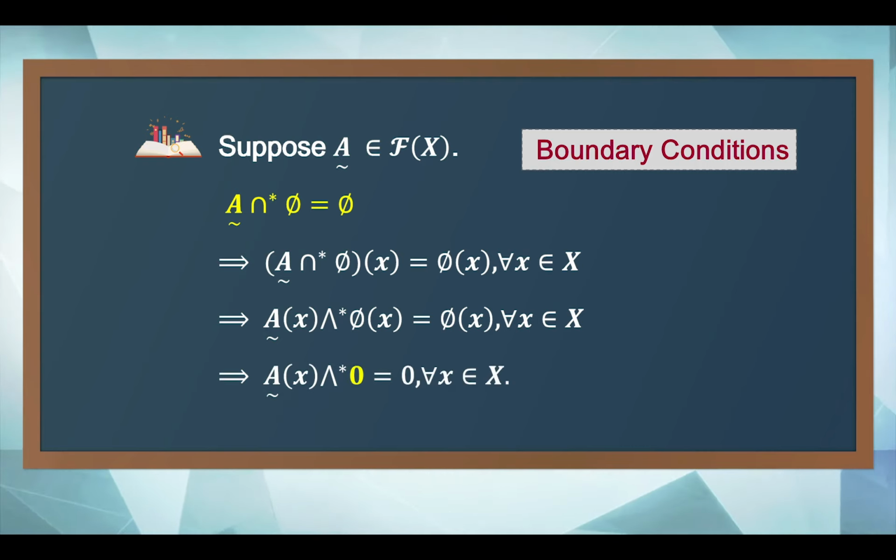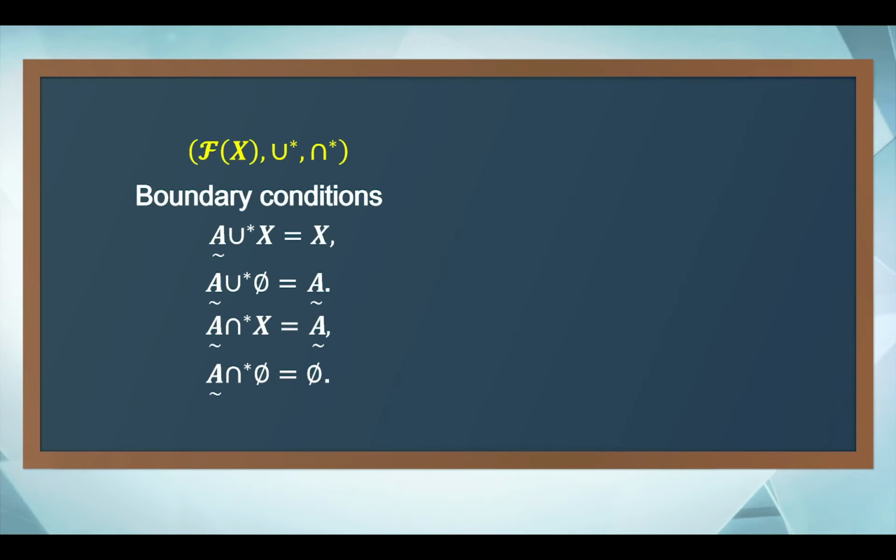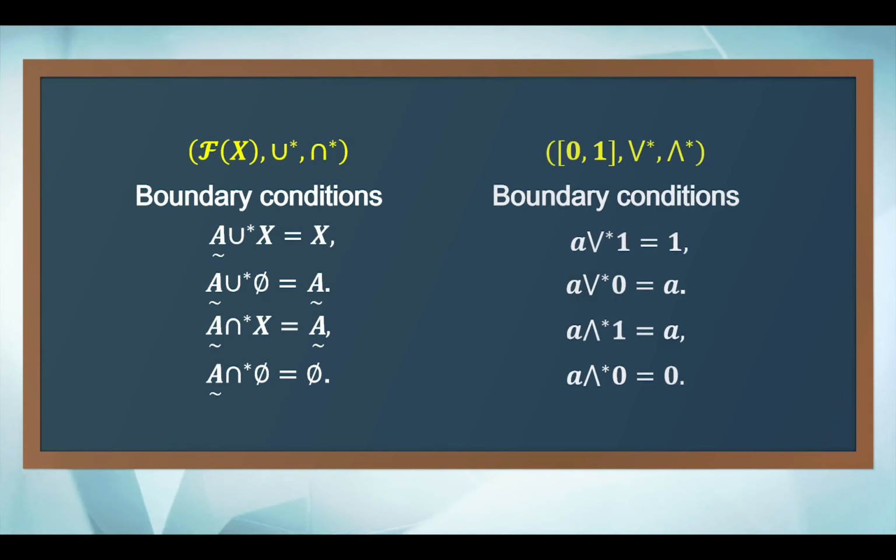That is, the generalized minimum of A of x and 0 is the same as 0. All these A of x are real numbers in the closed interval from 0 to 1. What does that mean? That means if this algebraic structure has the boundary conditions, then this algebraic structure should have the corresponding boundary conditions.